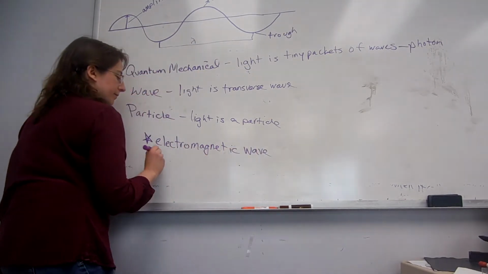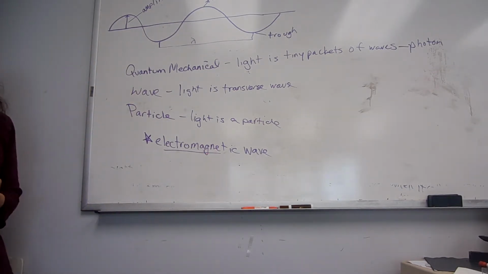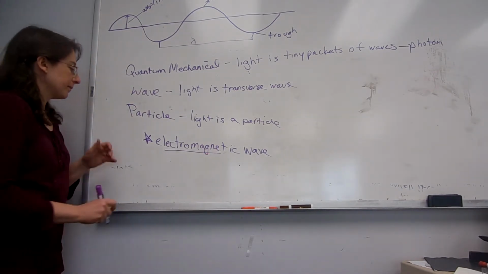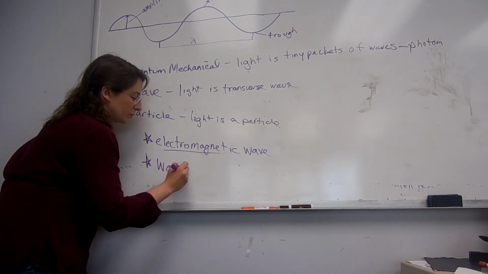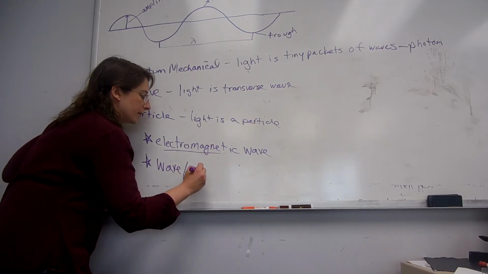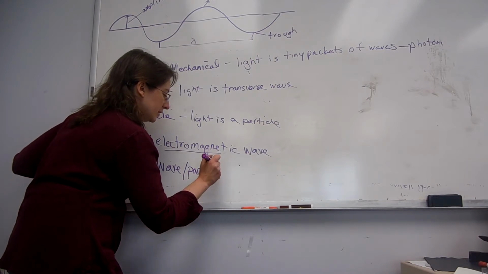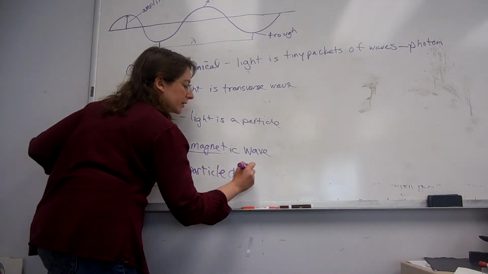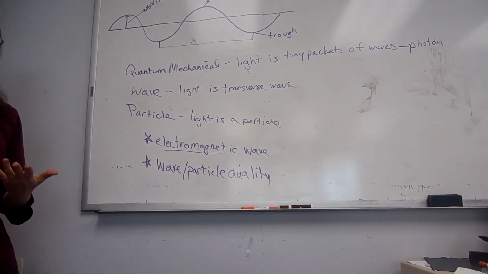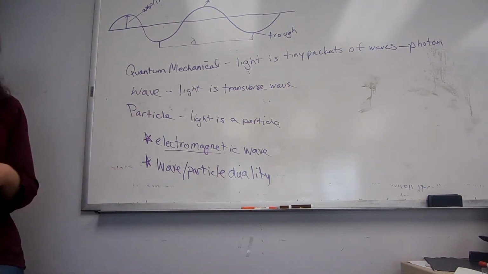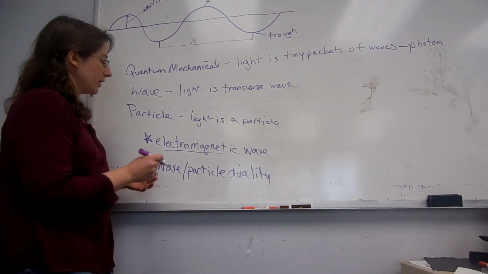Something about the wave has an electrical component and a magnetic component, or it's an electromagnetic wave. And that light has a wave-particle duality. Meaning it does have qualities of a wave, it does have qualities of a particle, that we don't think of those things as being something that one thing can have, but it does.